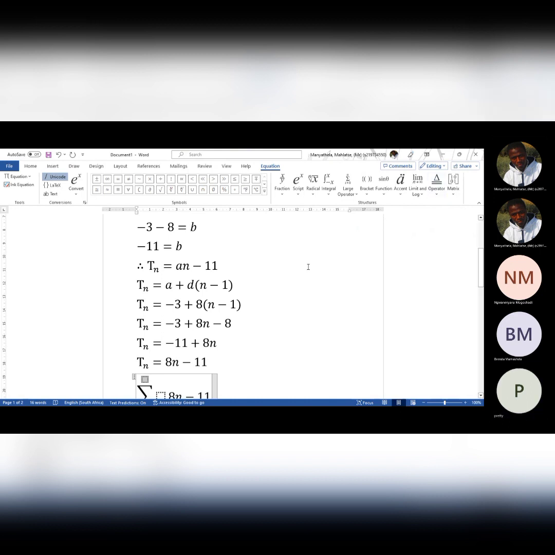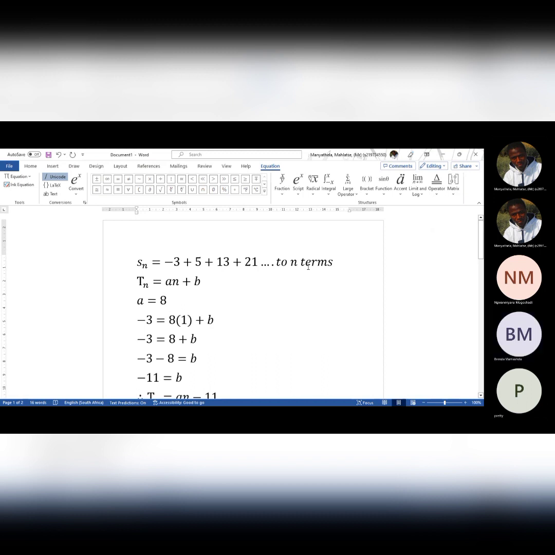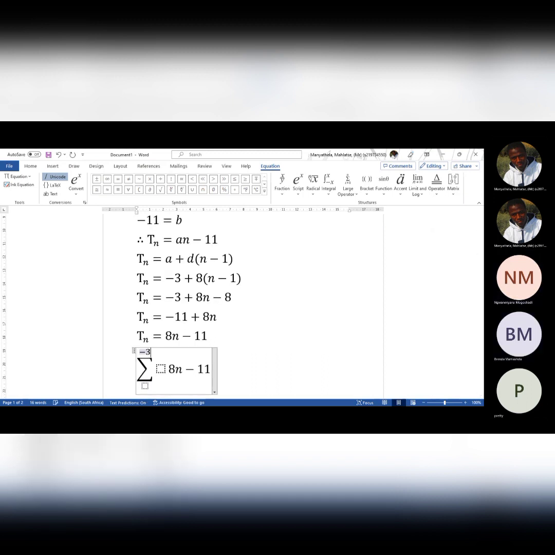Negative 3 again, then n equal to 1, and then you go to the end. 8n minus 11.